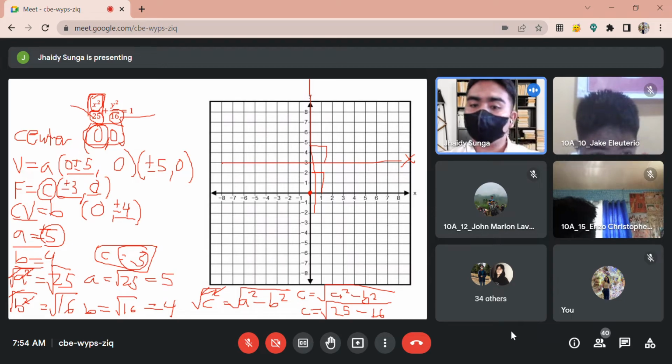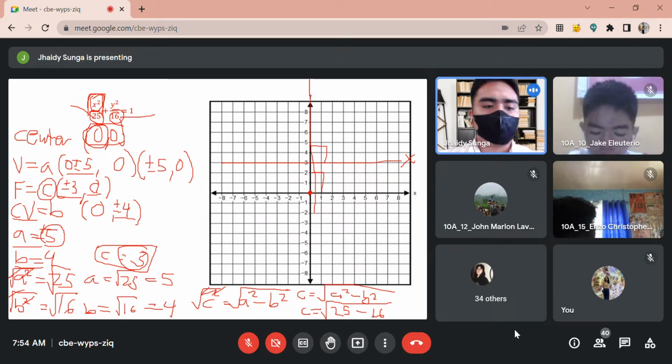Because we also have two co-vertices. Now, we are going to graph them. Let's try that. So we have this coordinate and this coordinate. Let's try to graph them already.